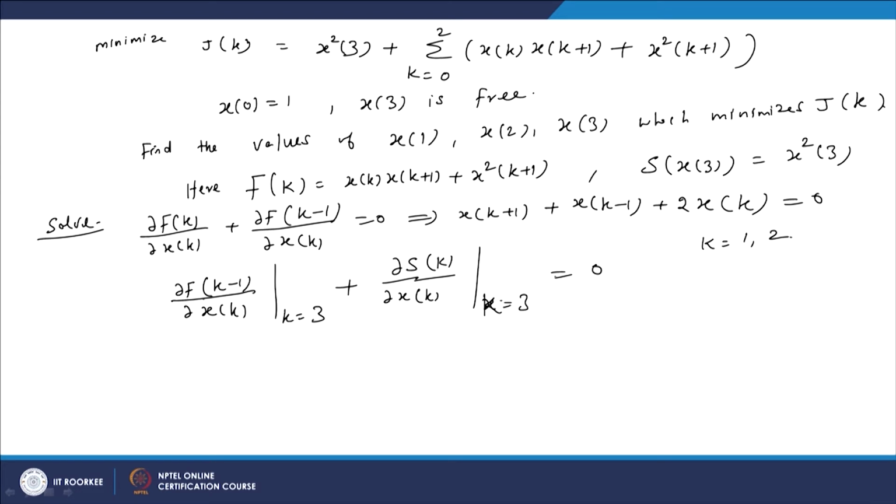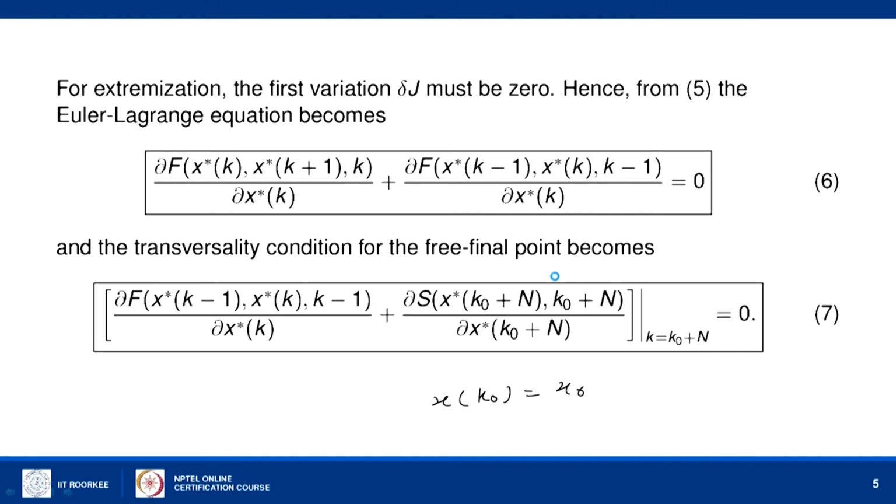So, that is this boundary condition, del f when we put k minus 1 in the expression by del x of k plus del s by del x at the final position, that should be equal to 0.